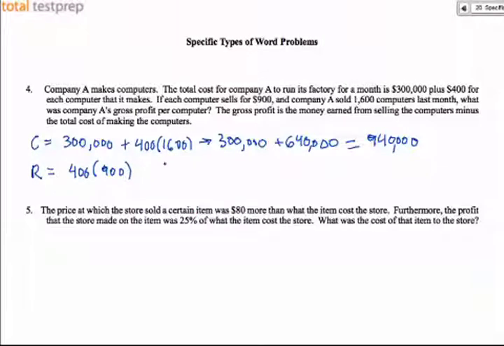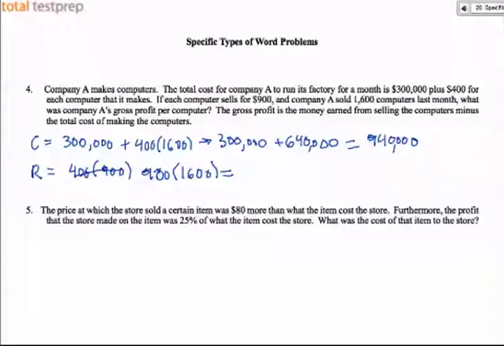Now the revenue is going to be, not 400 times 900, it's going to be 900 times 1,600, because 900 is the price per computer and 1,600 is the total number of computers that were sold. So they sold 1,600 and each one sells for $900. We'll do the same thing to figure out what 900 times 1,600 is.